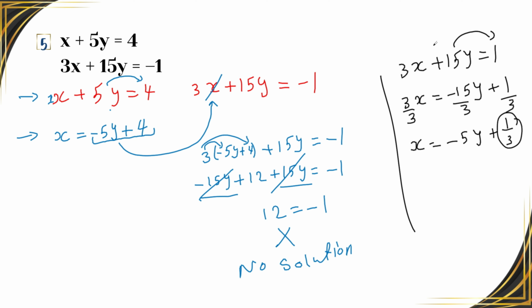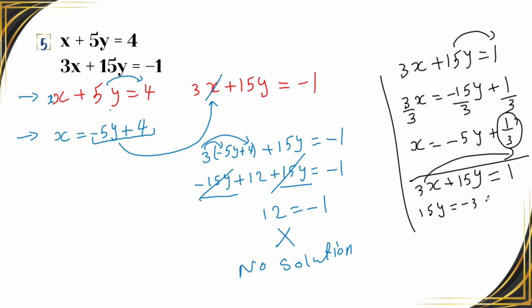What about if I wanted to isolate y? The same problem here. 3x plus 15y equals 1. To isolate y here, you will move 3x to the other side. It will be 15y equals negative 3x plus 1.